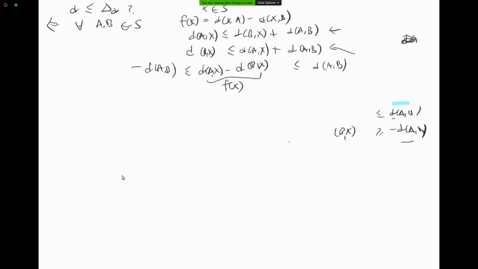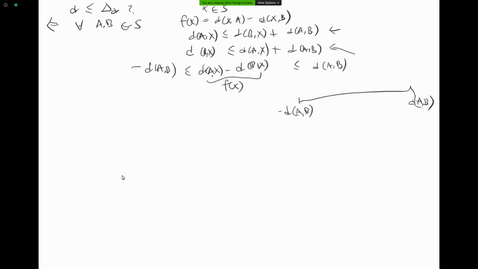So pictorially we will have something like this. We have fx lying in the range from minus dab to dab. Note that x is a member of the set S, a finite set, so it takes discrete values here. So I can have different members, maybe I call them c1 and c2.